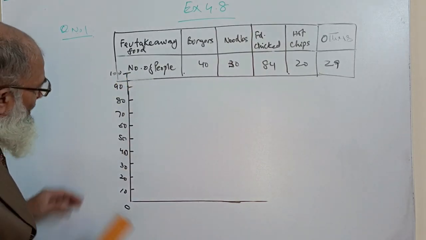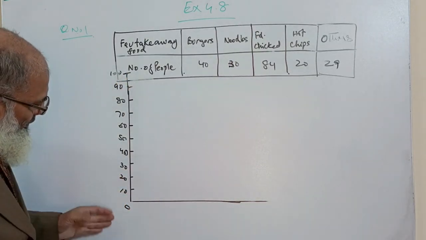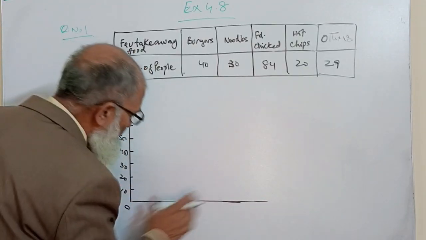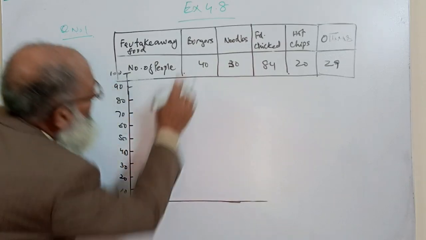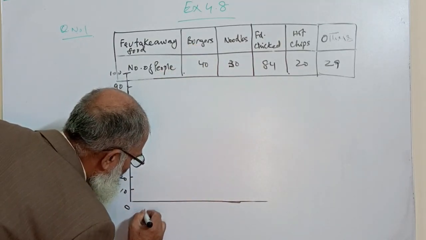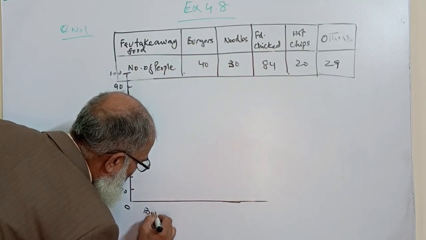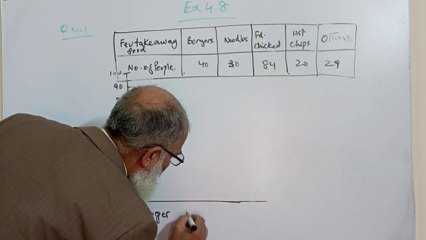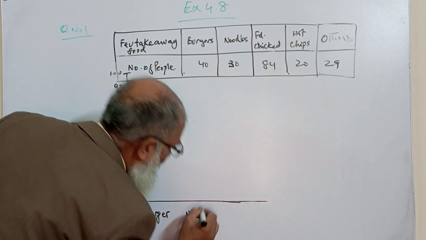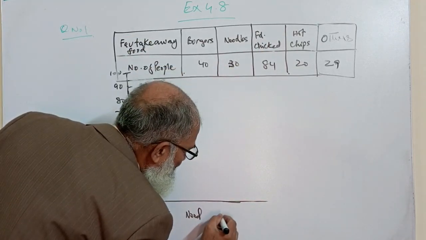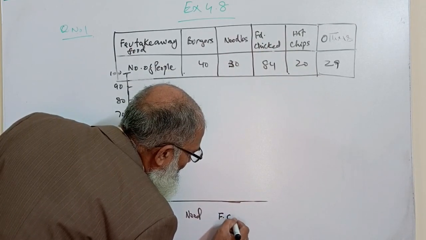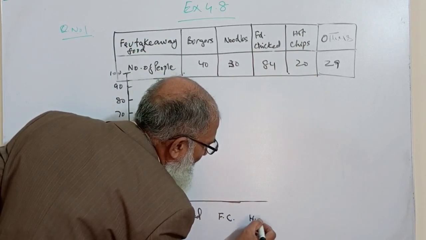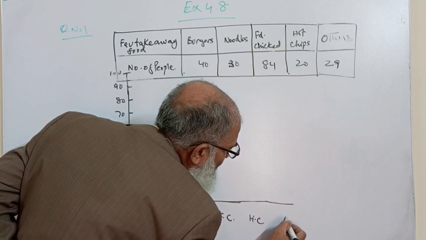We'll be writing the food items over here: number one is burger, noodles, fried chicken, hot chips, and others.